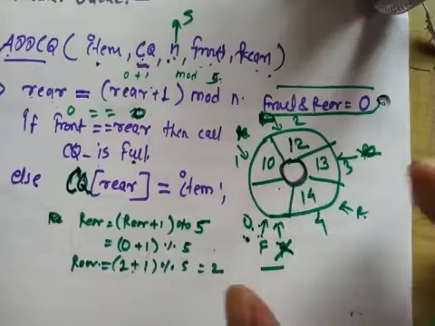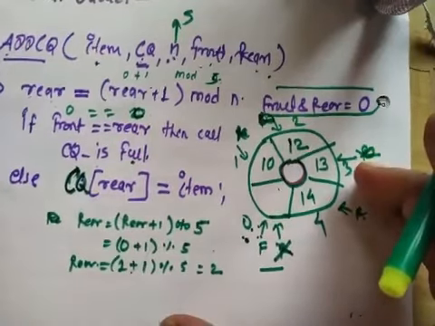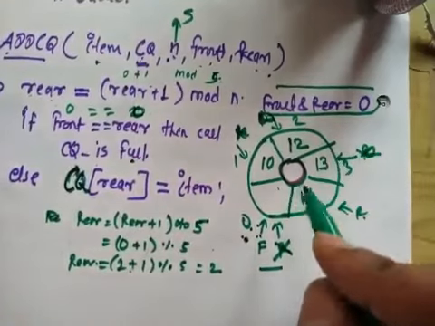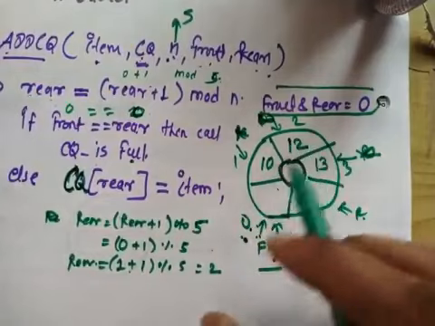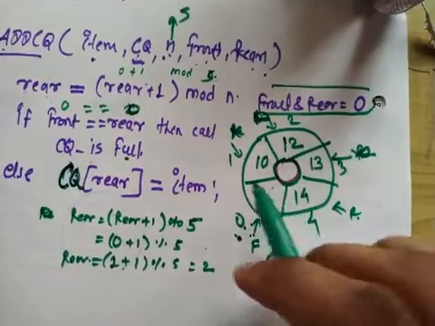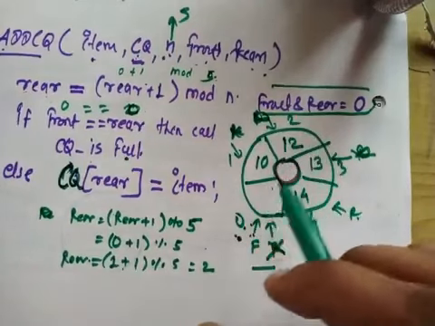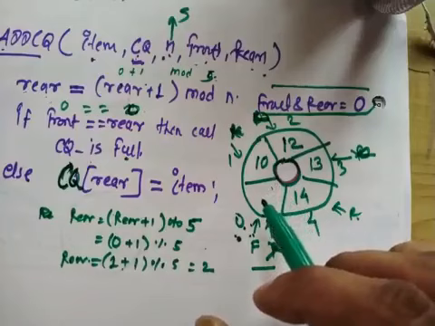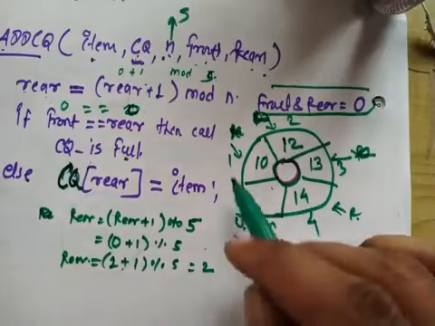Okay, till now we are only seeing the basic operations. So this is the queue full condition. Out of this 5 we cannot allocate one memory block. But suppose we delete an element, means we are incrementing our front by 1 position.